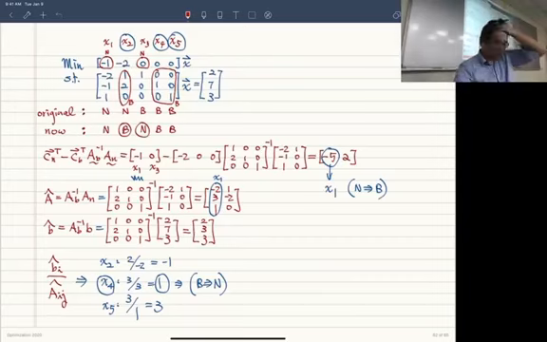Let me check here. Because sometimes your ratio test is wrong. This is right. This is right. Shows the first column.